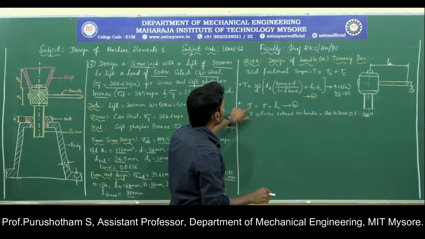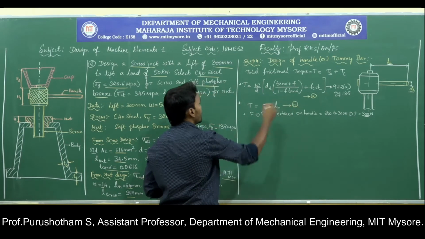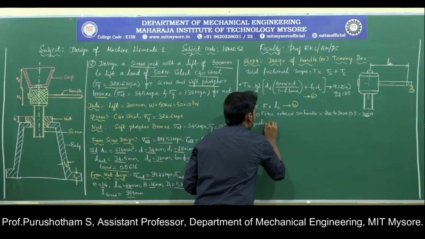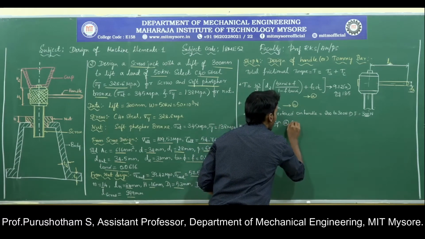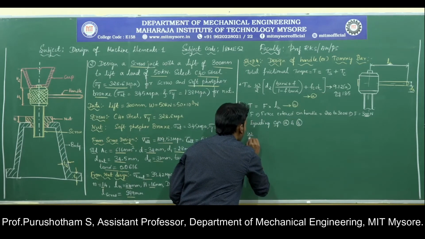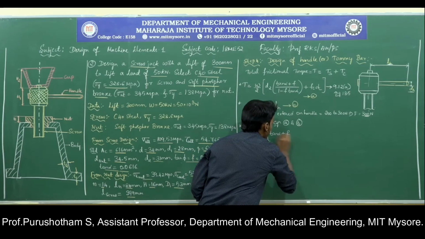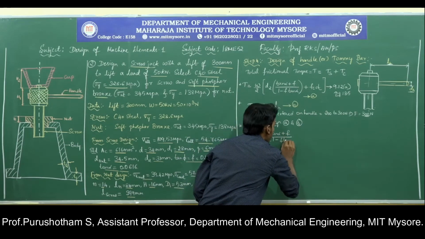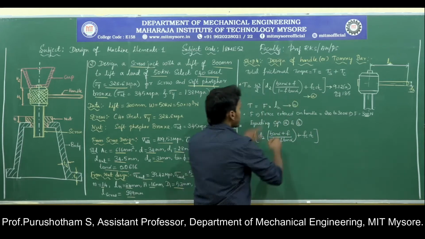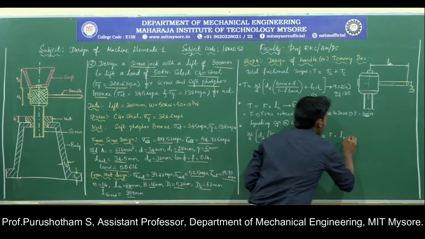Both are the same, hence we can equate the RHS of equations A and B. Now we get W by 2 times D2 into (tan alpha plus F divided by 1 minus F tan alpha) plus FC DC, which is equal to the RHS of equation B, that is force into length of the handle.